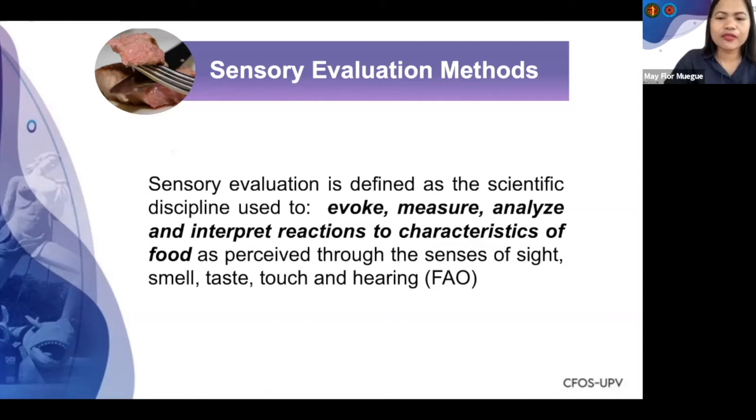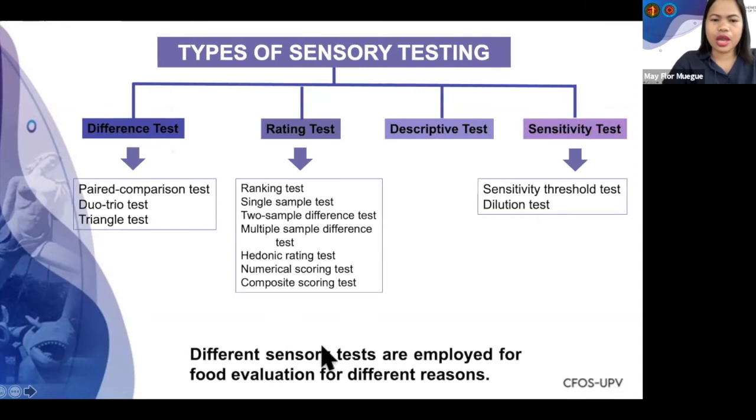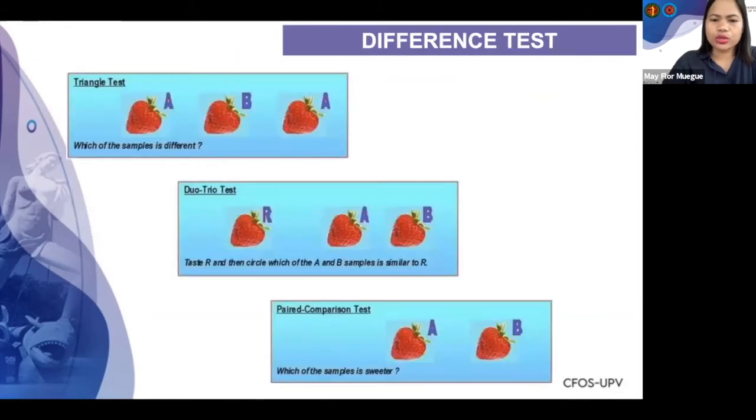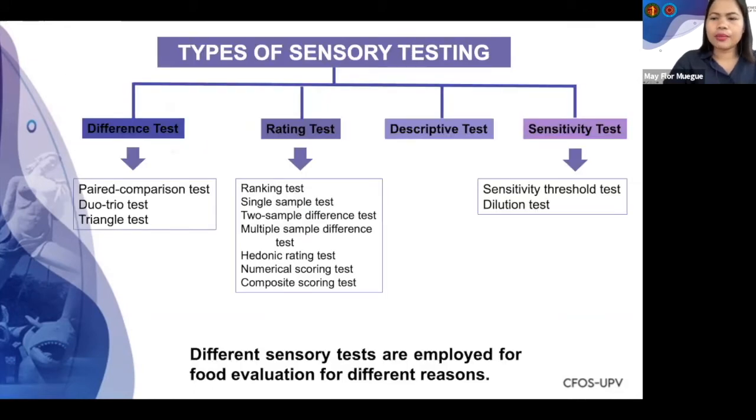Merong artificial nose to evaluate the odor profile. So, unti-unti, nagkakaroon tayo ng hindi naman siya replacement but alternative to human panelists. Ayan. So, let's see if I have here a process on how to do sensory evaluation. Actually, wala pala siya. So, I will discuss na lang.